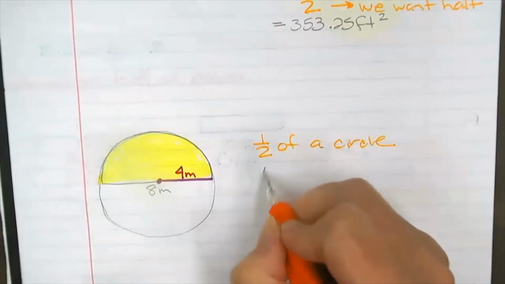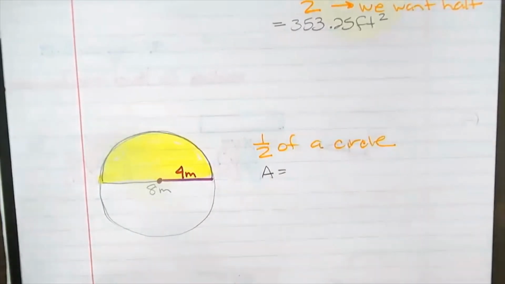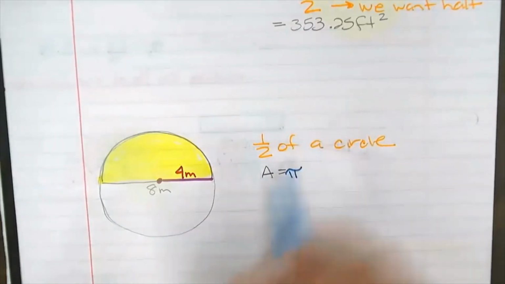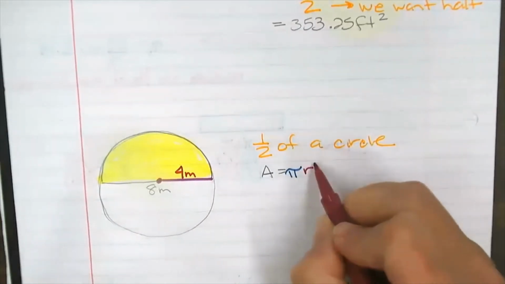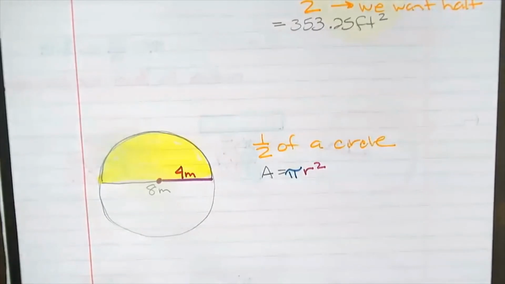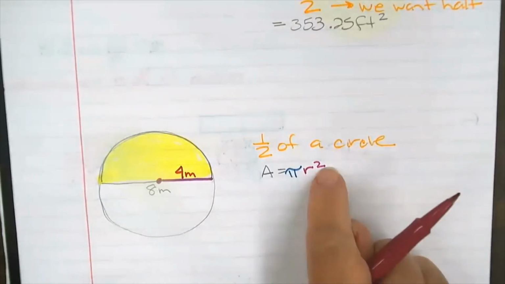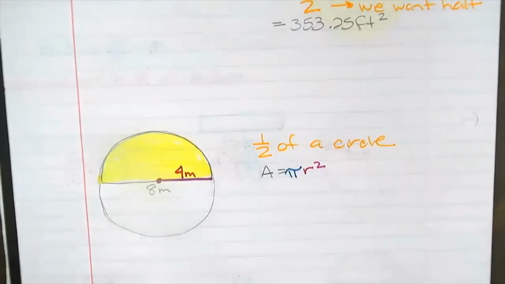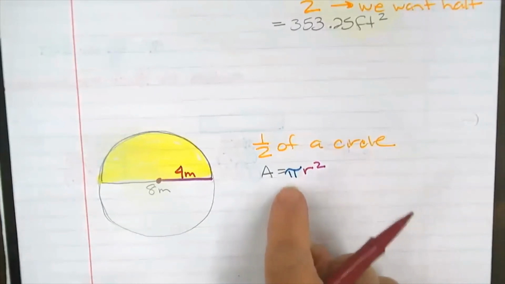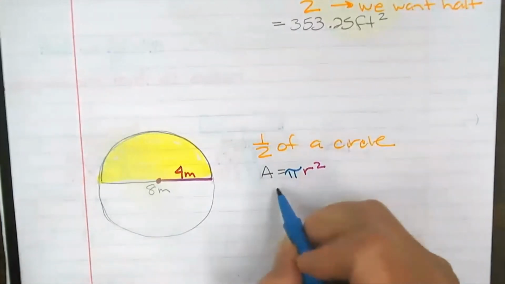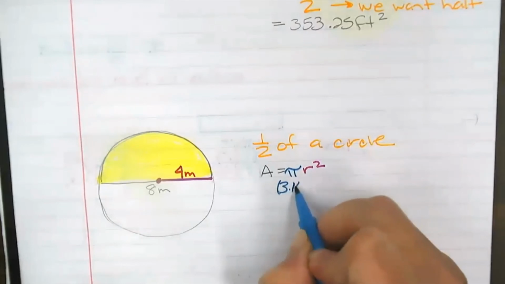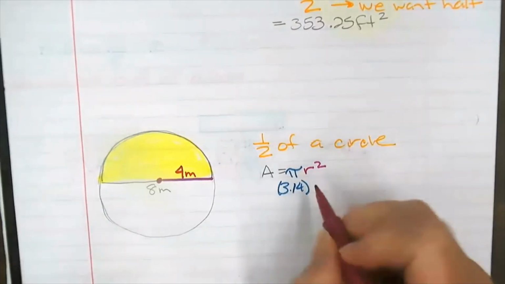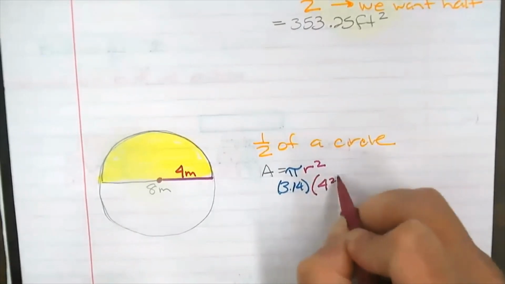and that area is equal to pi times the radius squared. And the order of operations says we're going to square the radius before we multiply it by pi. So we've got 3.14 times the radius, 4, squared.